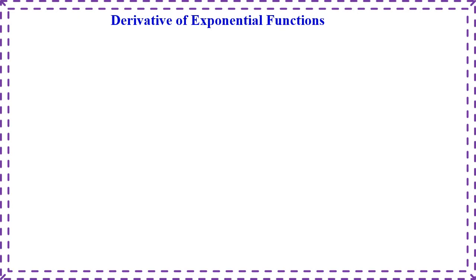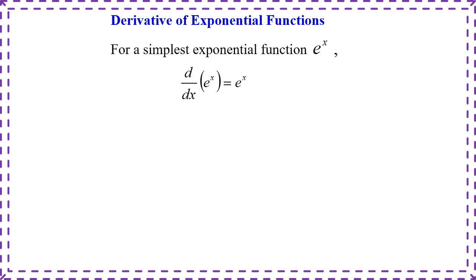Derivative of exponential function. For the simplest exponential function, e to the power of x, we will directly get exponential of x itself. So we don't have to change anything, just copy back the function e to the power of x.